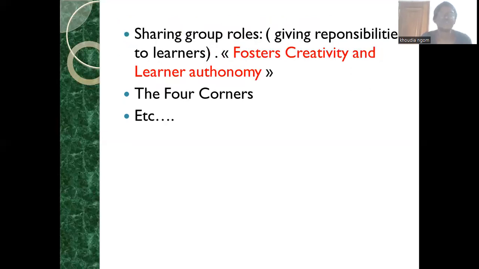Sharing group roles, giving responsibility. An example in the English club: we distribute the roles. We say, for example, today this one will be the vocabulary taker. During all the meeting, even if he is participating, his role is to take vocabulary words, new words that people are saying here and there.